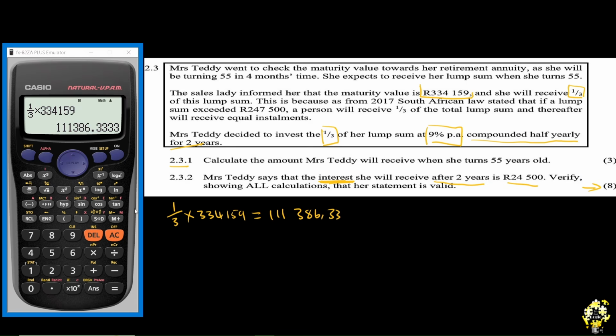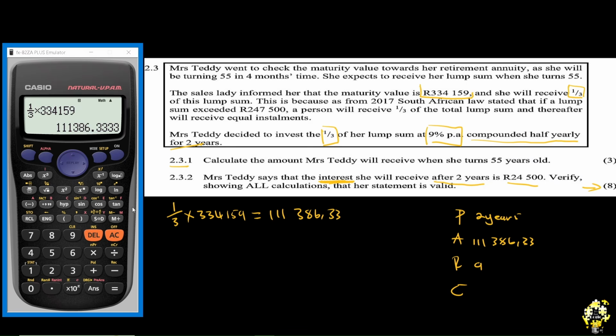Now, let's start. Remember? Pack. So, what is our period? Well, our period is 2 years. What is our money that should be invested? What is our principal amount? Our principal amount is 111,386.33.